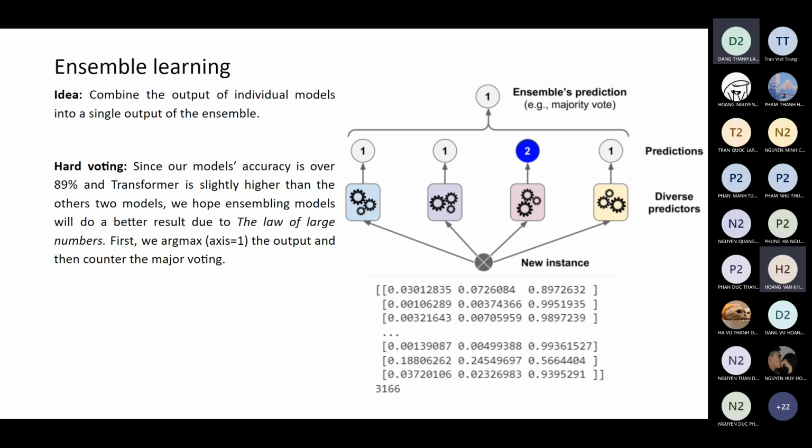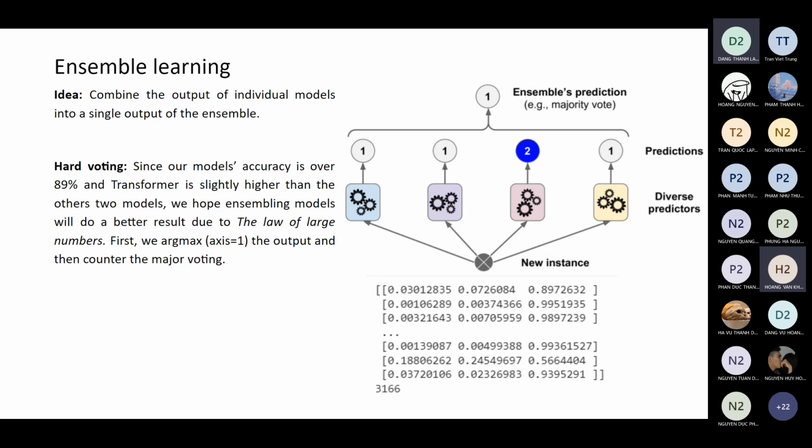So let's come to the ensemble strategy. The idea of ensemble learning is to combine the outputs of individual models into a single output of the ensemble. We have three trained classifiers, which are Transformer, LSTM, and CNN, each achieving about 89 to 93% accuracy.